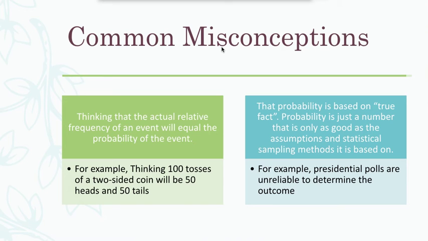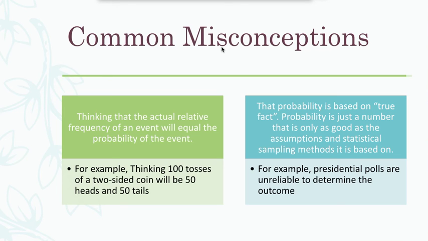Another misconception is that probability is based on true fact. Probability is just a number that is only as good as the assumptions and statistical sampling methods it is based on. For example, presidential polls are unreliable to determine the outcome. So as much as we rely on probability to help us guess or estimate on a future event, just because a probability states something will happen does not mean that that is exactly absolutely what will happen.